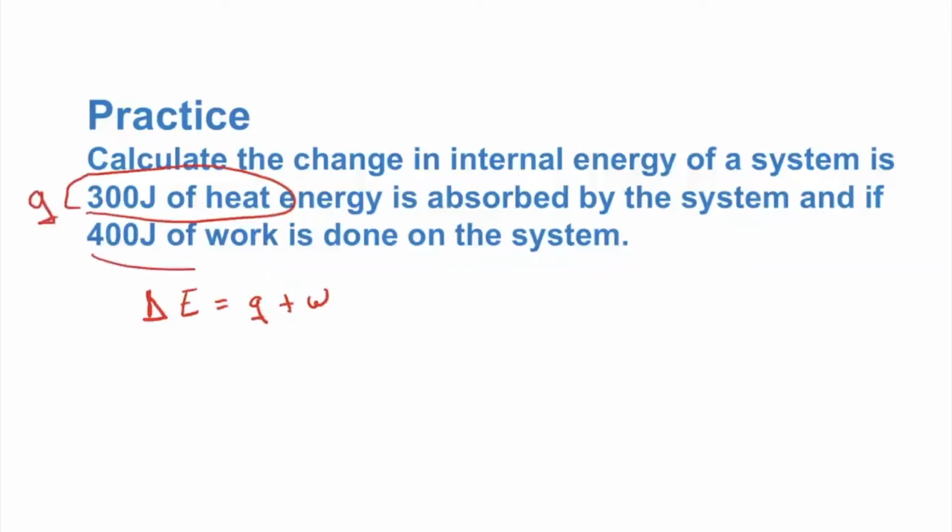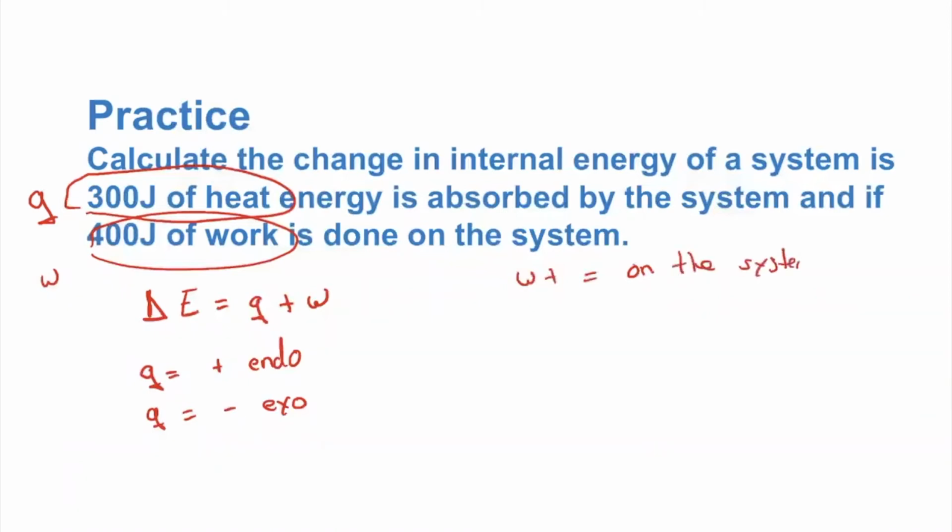and work W. Now you want to remember that Q is going to be positive when we have endo. Q is going to be negative when we have exo. And then W is going to be positive when it's done on the system, and W is going to be negative when it's done by the system.